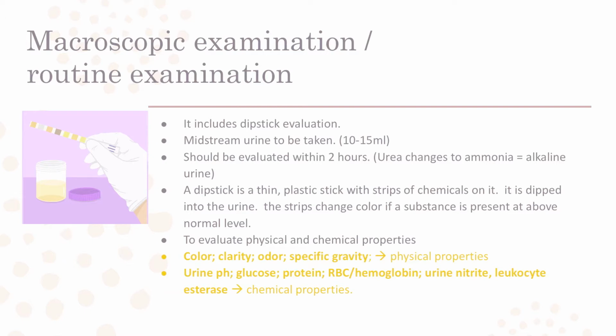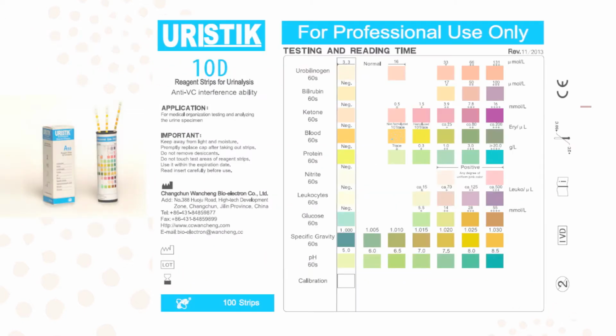It is used to evaluate physical and chemical properties. The macroscopic examination evaluates physical properties like color, clarity, odor, specific gravity, and chemical properties are also assessed like urine pH, urine glucose, urine protein, presence of RBCs in the urine, urine nitrite and leukocyte esterase.